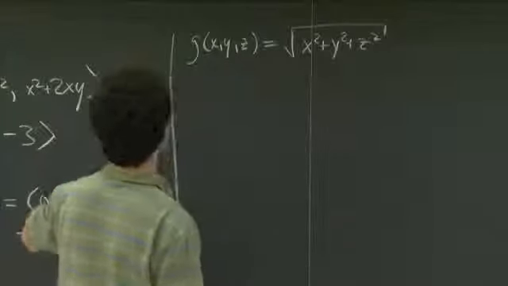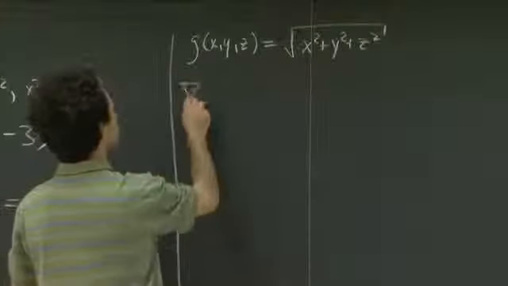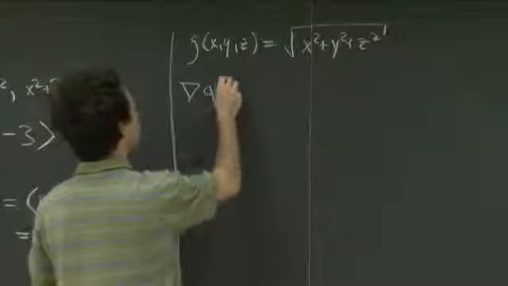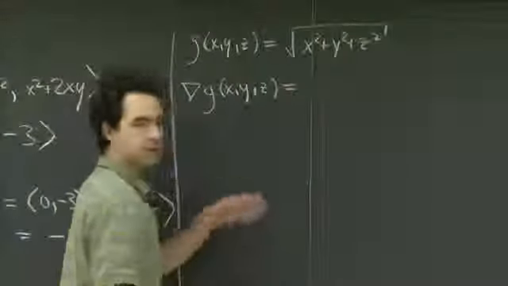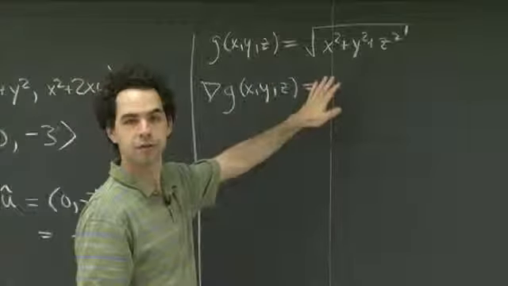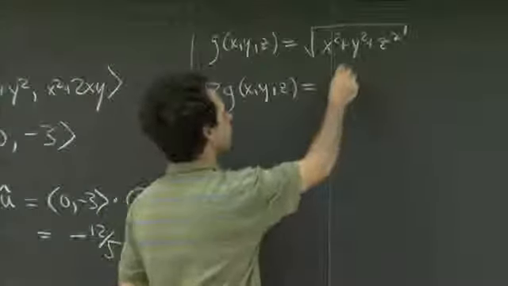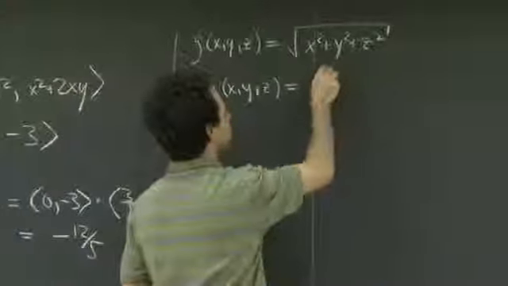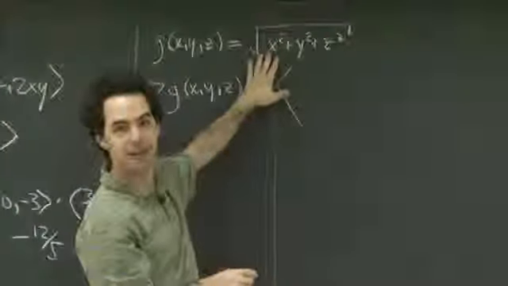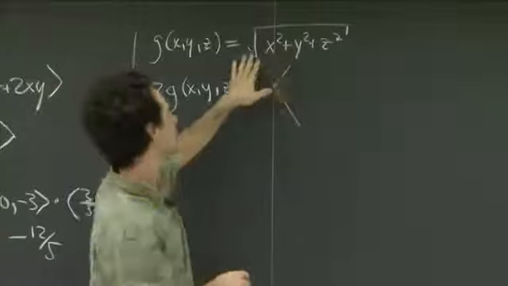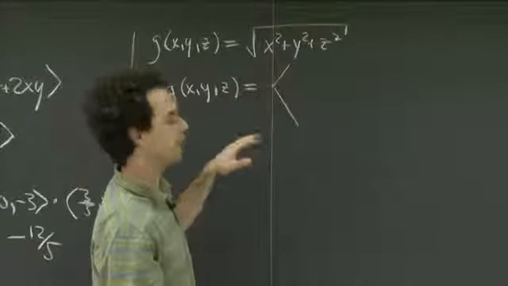And so we're asked first for the gradient of g. What do I do? Well, again, I just take these partial derivatives. This is going to be a tiny bit messy, I'm afraid, because I take a partial derivative of this expression with respect to x, and I've got to apply the chain rule, because this is a composition of functions.